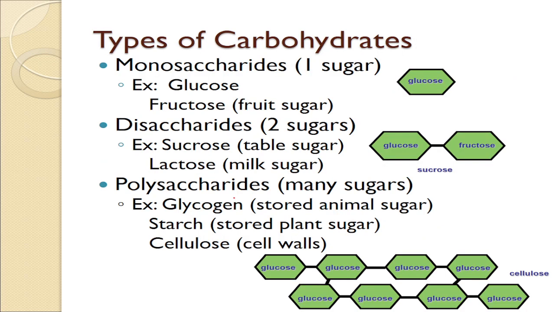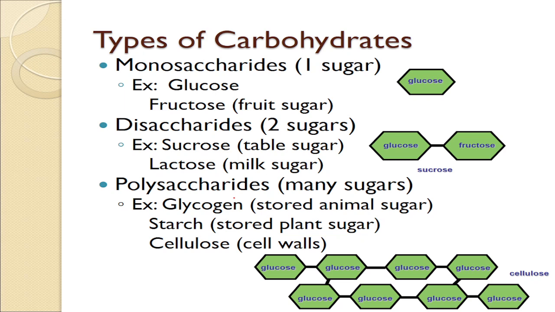Types of carbohydrates. As I mentioned, we have monosaccharides: sugar, glucose, fructose. Fructose is the fruit sugar; you can get it in fruits. Disaccharides, 2 sugars: sucrose, which is the table sugar. Glucose is the one that we use for energy.